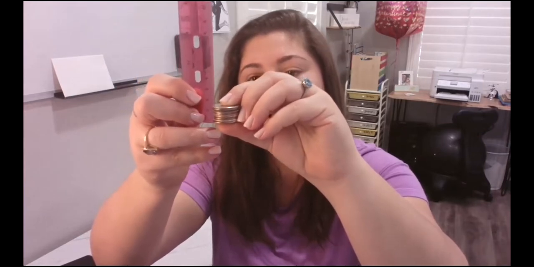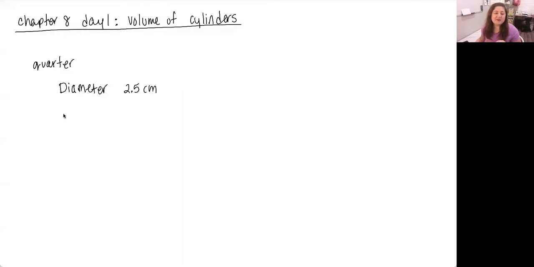And so this is about 1.5 centimeters. Hopefully you were able to follow along. So my height of my stack of quarters is about 1.5 centimeters.